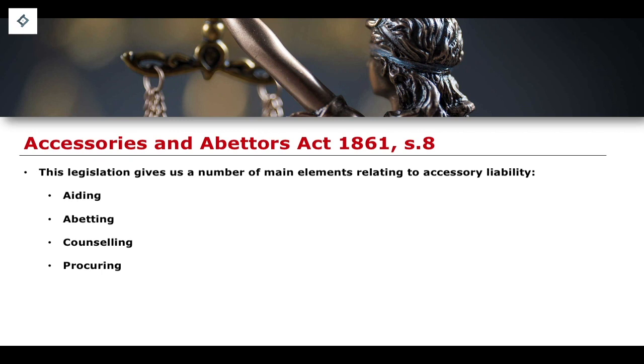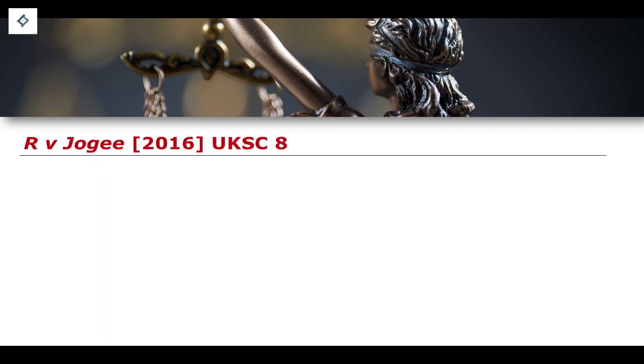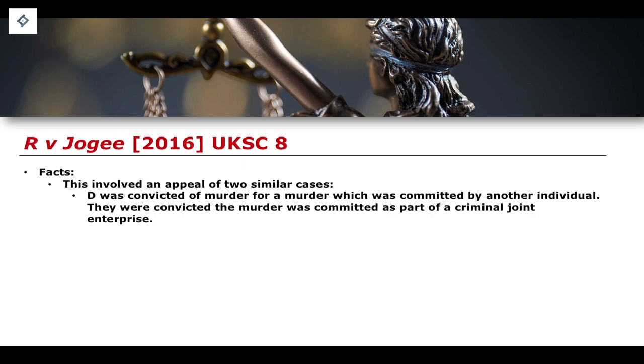Now, the legislation is relatively clear in how it is established, but it won't be until 2016 when we see some quite significant case law on the matter coming from the Supreme Court. The case of Jogee is quite interesting here, because we have an appeal from two similar cases.